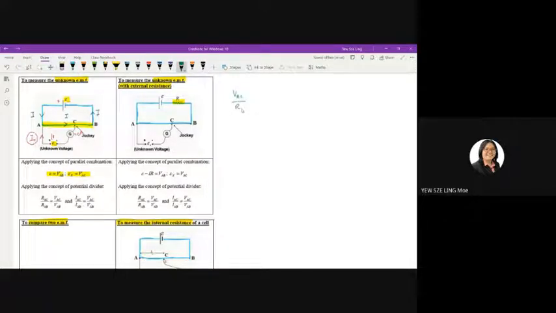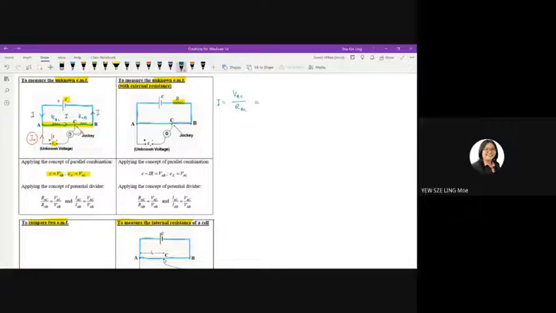VAC over RAC is actually equal to the current, the equation for current. But now since it's a potential divider, it is also equal to V over R of the other component. If you look at this upper loop and apply the potential divider concept, you can treat this AC as RAC, and here you have another resistor, RCB.